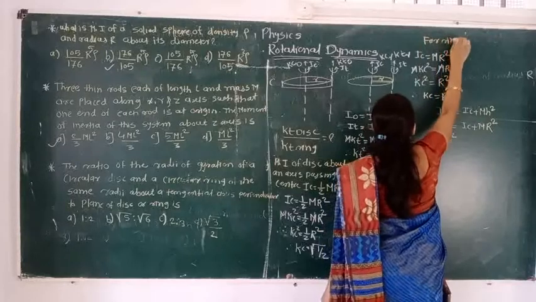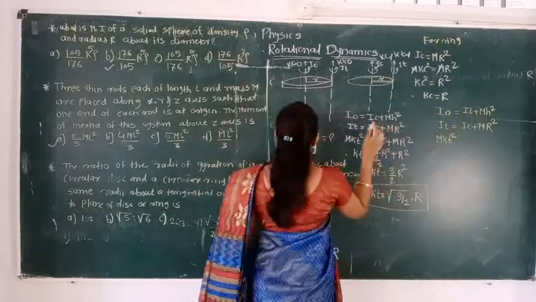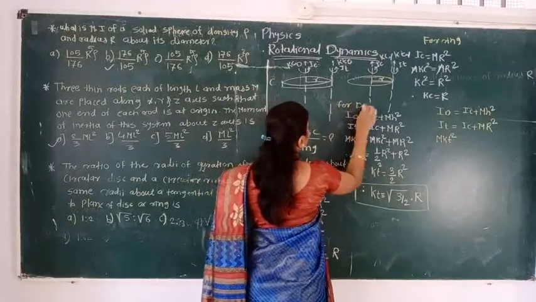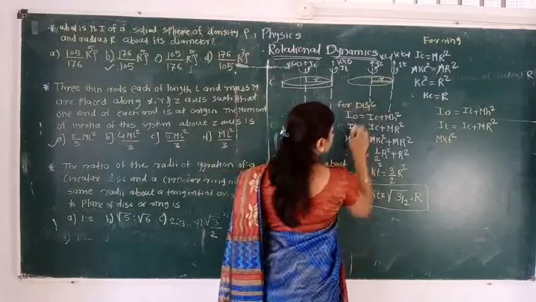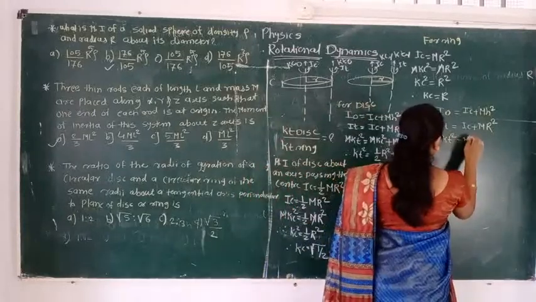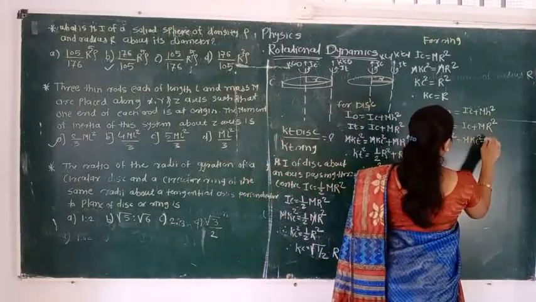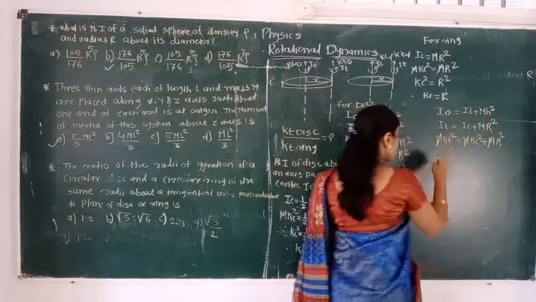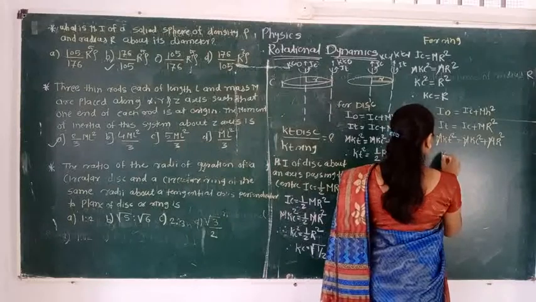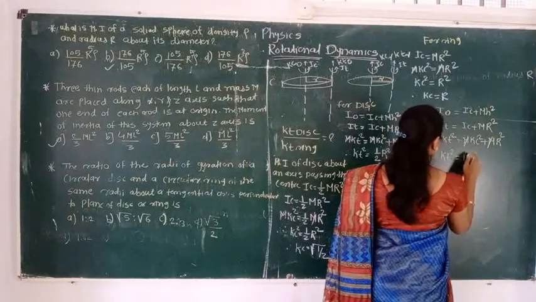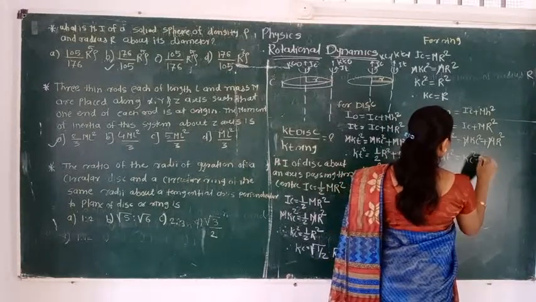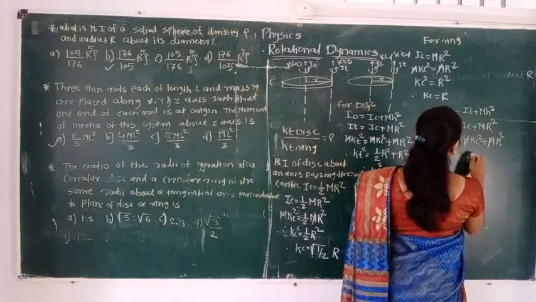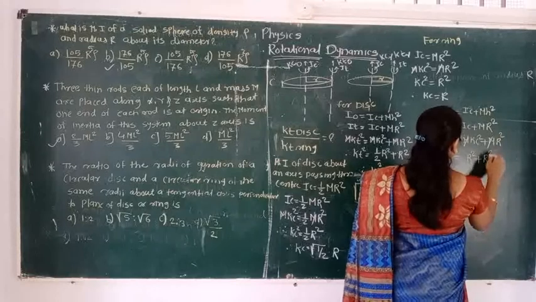This we are finding for the ring, and this we are finding for the disc. So here m kc square plus m r square. Common terms are going to cancel. Here we will get kt square is equal to kc square plus r square, which is r square plus r square.